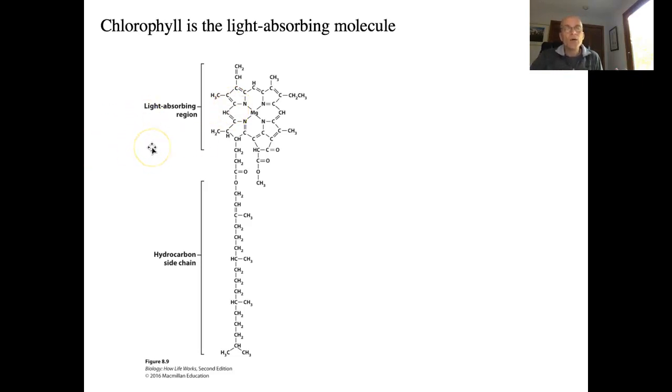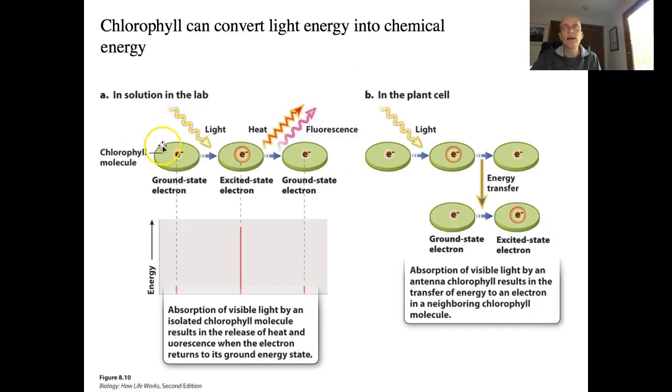Okay, so now something is going to happen to these electrons as they're swerving around the nucleus in this particular molecule, and this is how it's graphed. I say here, chlorophyll can convert light energy into chemical energy, and your book shows you 2 ways of what can happen to electrons in that chlorophyll molecule as light hits it.